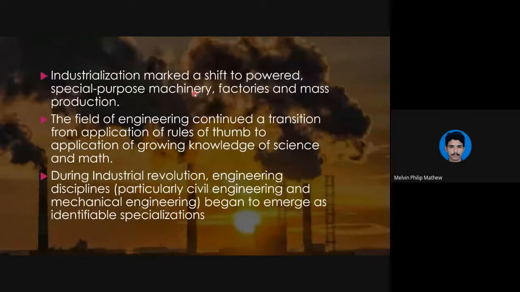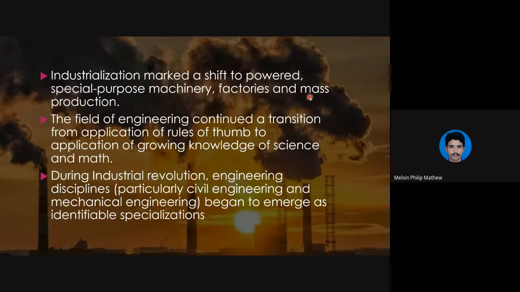Then industrialization marked a shift to powered special purpose machinery, factories and mass production. So that is what is known as industrialization. It shifted from the human side or the machine side to powered special purpose machinery. Then factories were brought up. Then mass production of the products.